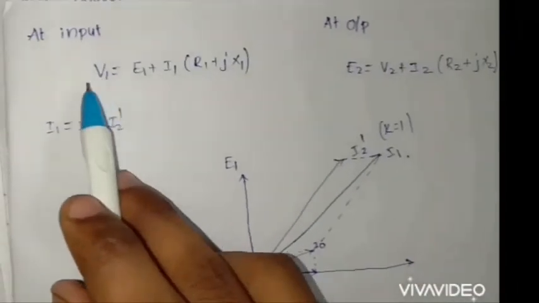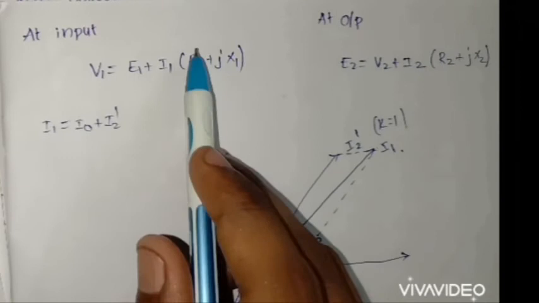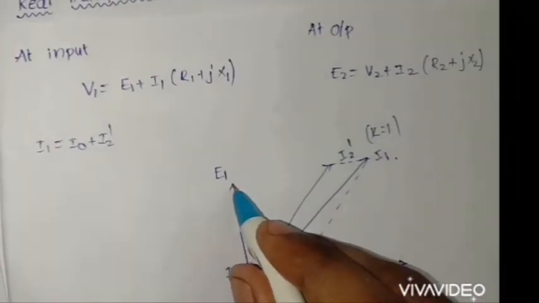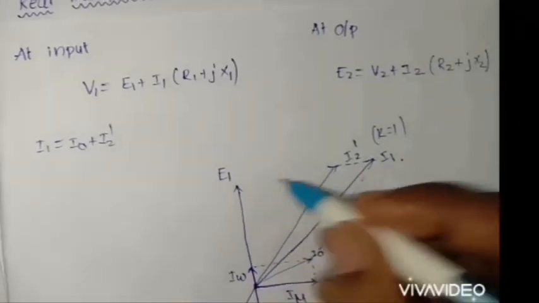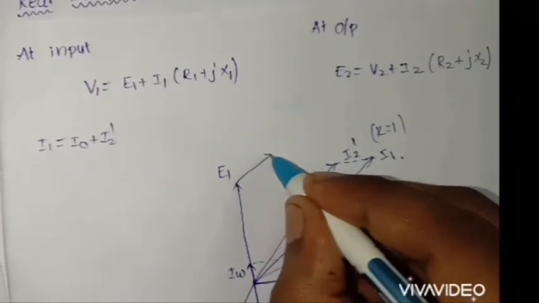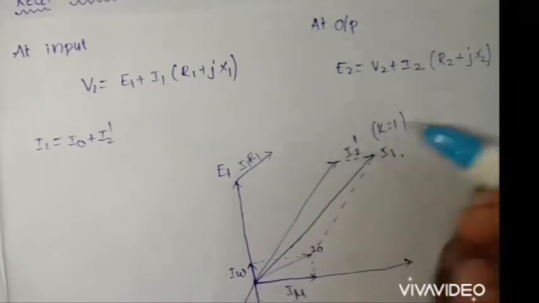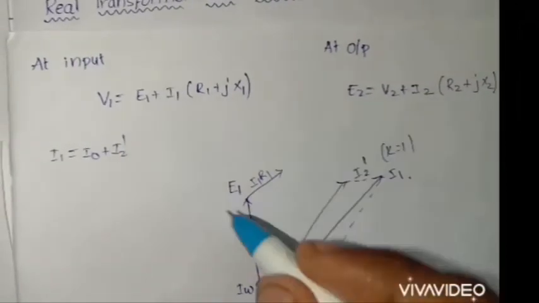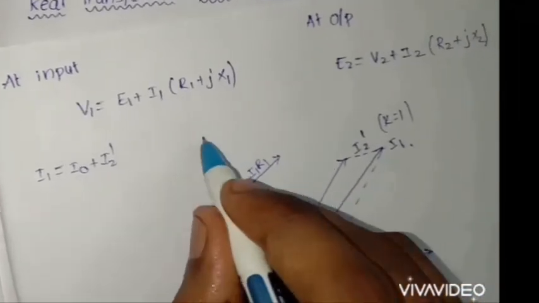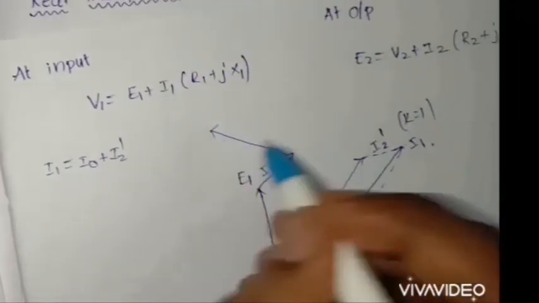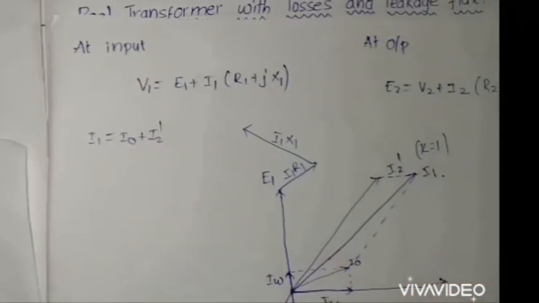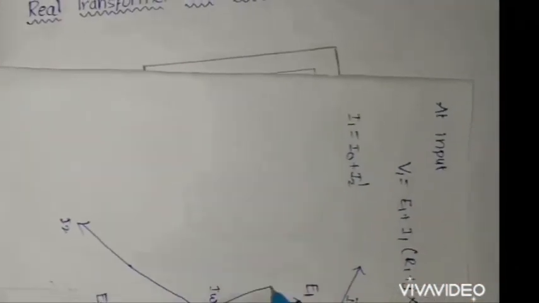From our first equation, V1 is equal to E1 plus I1 into R1 plus jX1. V1 is equal to E1 plus I1 R1. In the direction of I1, take R1. This is I1 R1 plus jI1 X1. Let's take it like this, perpendicular to I1, take X1, I1 X1. From here to here, we will get V1. This is V1.